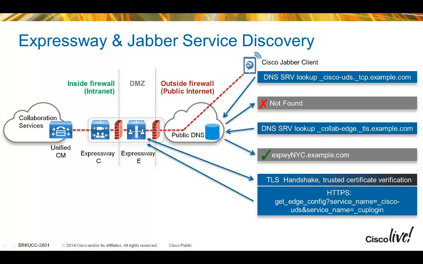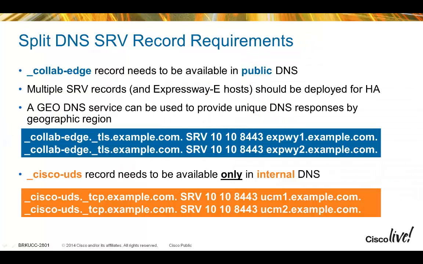Now, if you have, and you should deploy, a cluster of Expressways, each node in that cluster should have an SRV record associated with it, all right? The weight and priority will be respected by the clients. I don't think I've found a good reason today to weight or prioritize one record in a cluster higher than another.